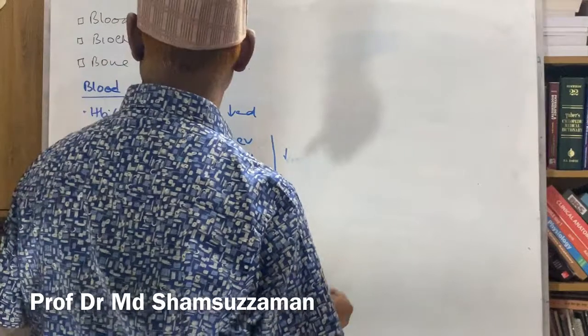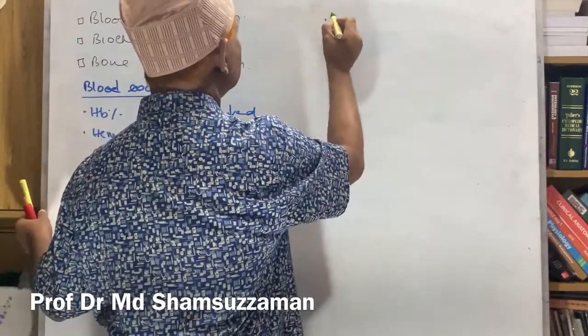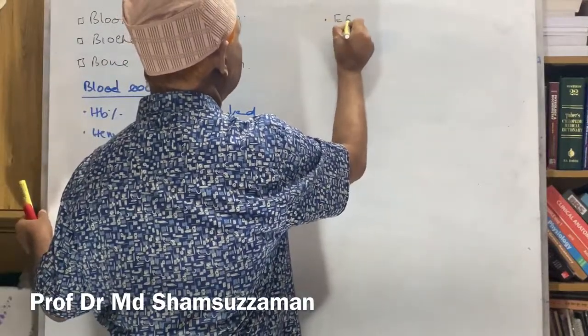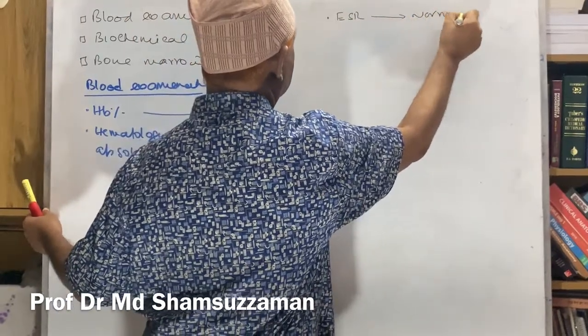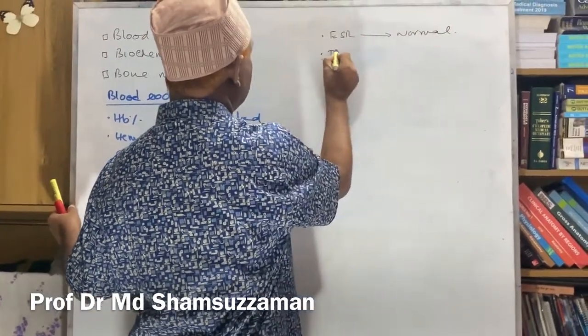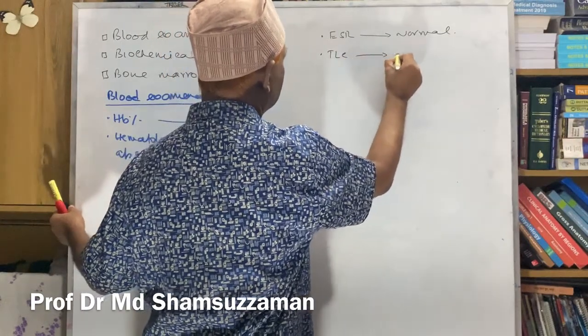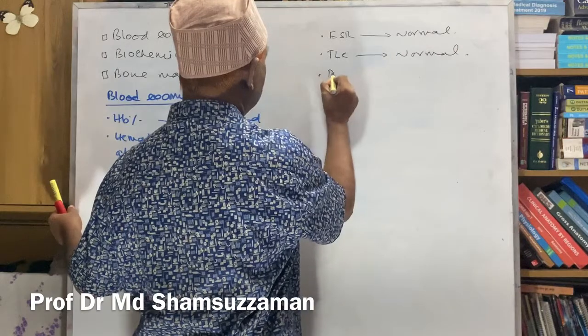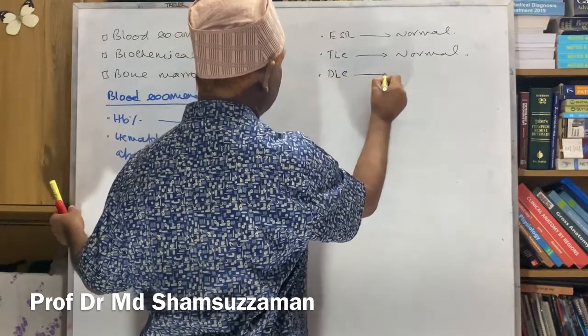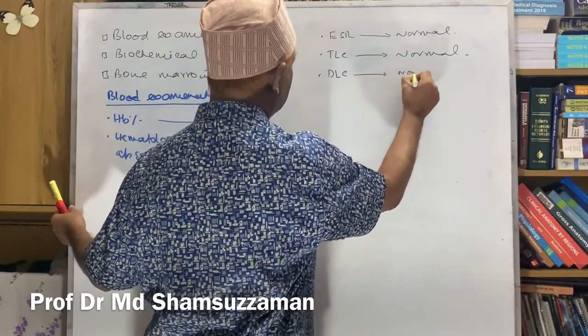Then we have to do ESR, it is normal. We have to do total leukocyte count, normal count. We have to do differential leukocyte count, DLC, normal.